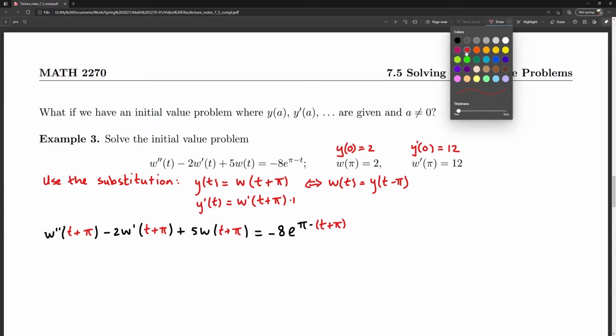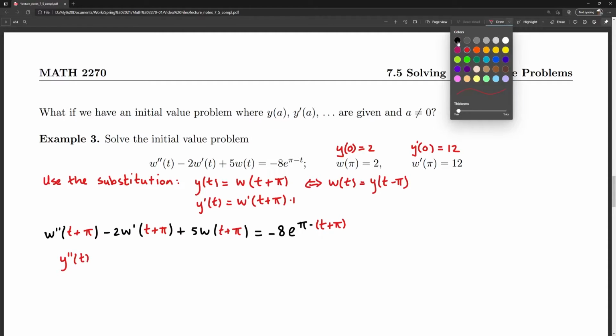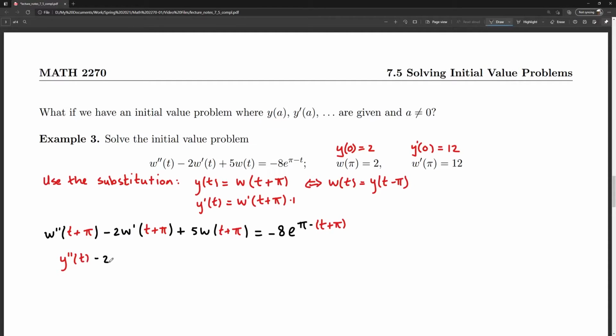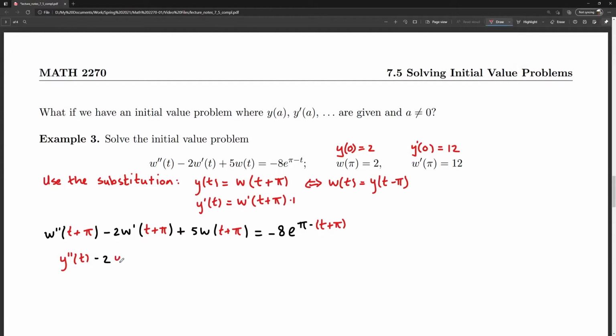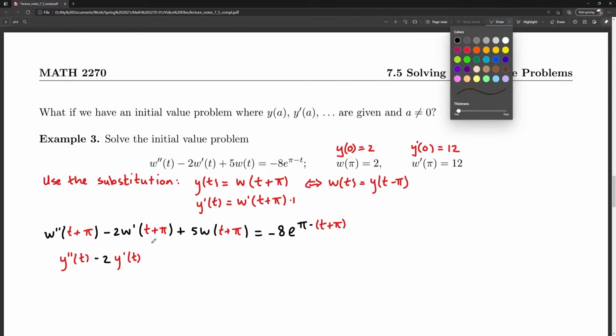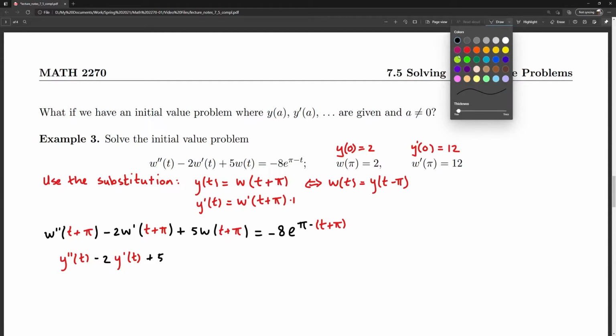So w double prime of t plus pi, that's going to be y double prime of t, and then minus 2 times y prime of t, and then plus 5 times y of t.